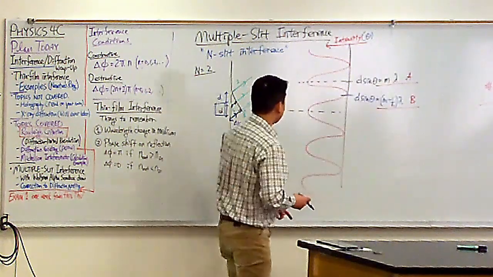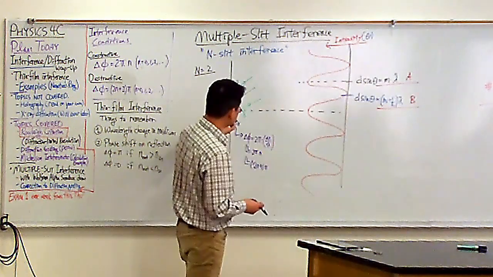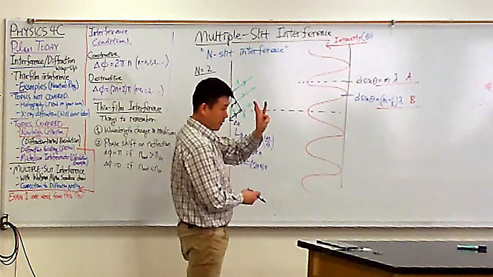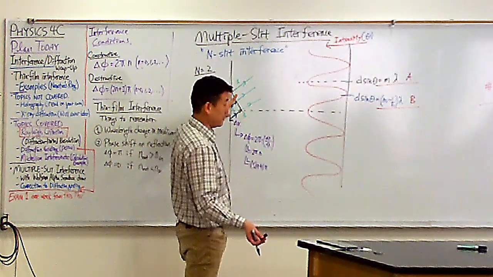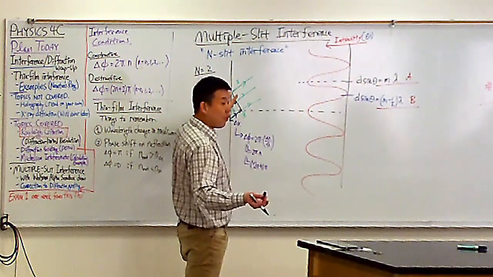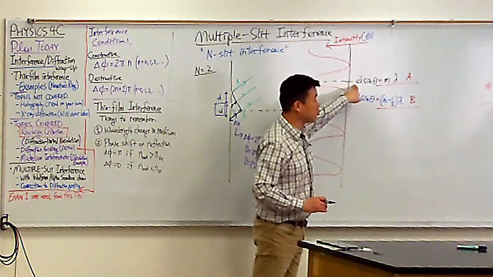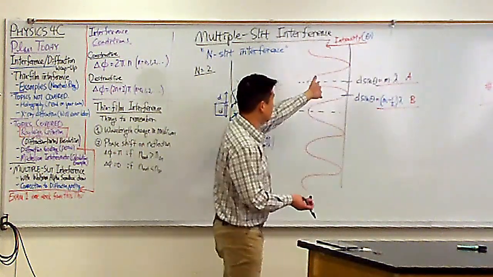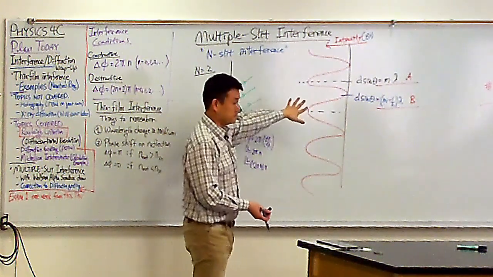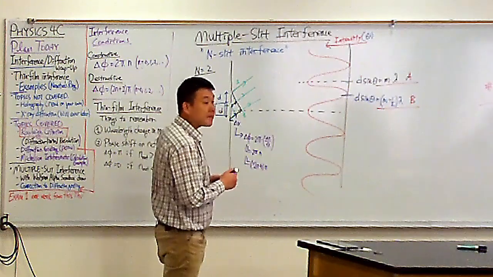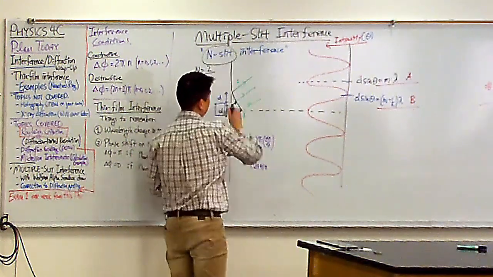So when you look at light falling at this location, it turns out that all 3 pairs you can think of, 1, 2, 3, are all constructively interfering. So what that means is this location that was at constructive interference remains constructively interfering. That's actually one key thing that doesn't change in n-slit interference.